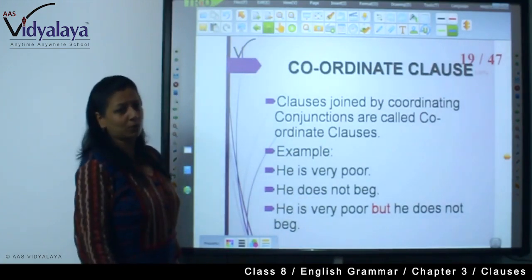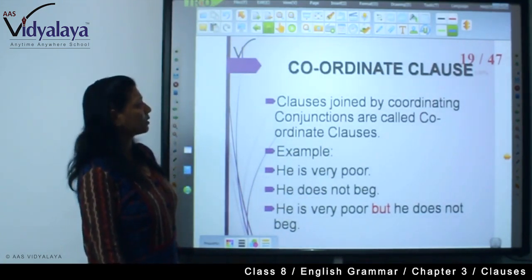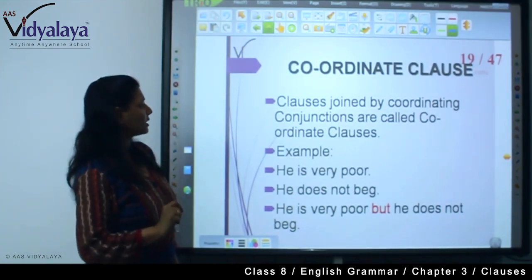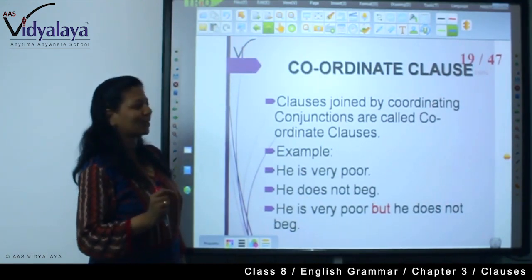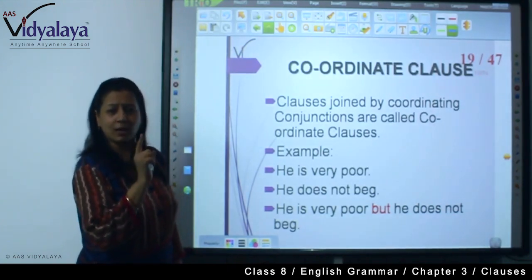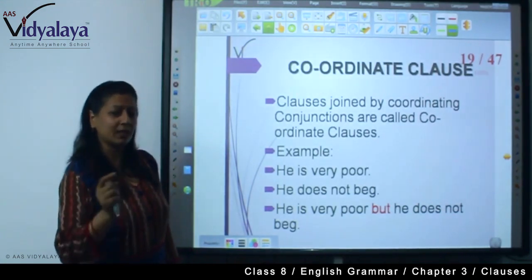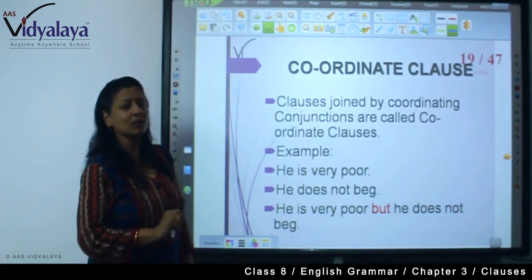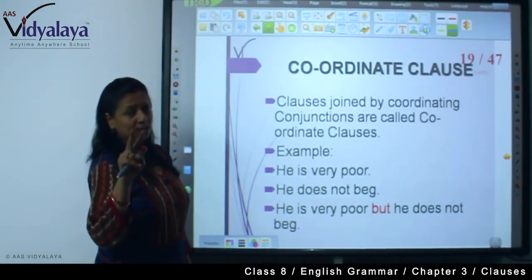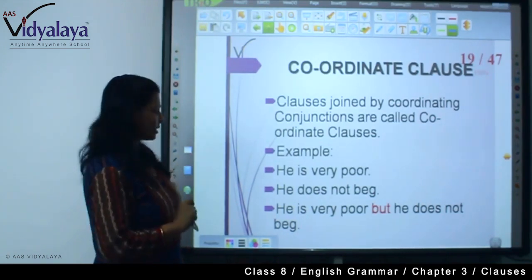Now there is one more clause, the coordinate clause. What is the coordinate clause? Clauses joined by coordinating conjunctions are coordinate clauses. So what have you learned? You have learned now adjective, adverb, noun, relative. Now this is one more clause, the coordinate clause. Example: there are 2 clauses we are adding with the coordinate clause.